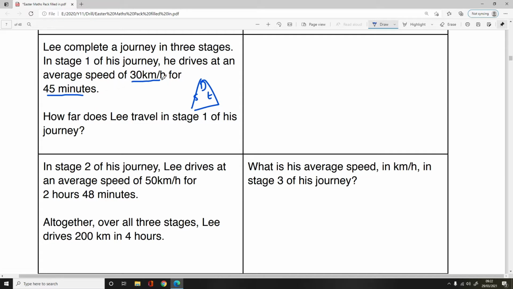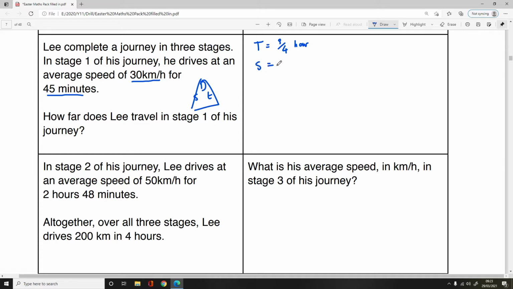We've got 30 kilometers per hour and 45 minutes. You can either change your speed to be kilometers per minute, or you can change your time to be in terms of hours. I would favour changing time to hours, because that tends to be consistent with other things. You'd say 45 minutes as a fraction of an hour, which is 3/4 of an hour, or you could have 45 out of 60 and simplify it down.